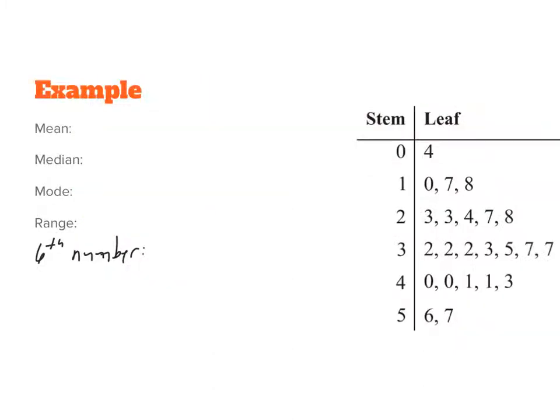Here we've got another stem and leaf plot. It's a little bit larger. We're going to do the same thing that we did before. Finding the mean, I add them all up.